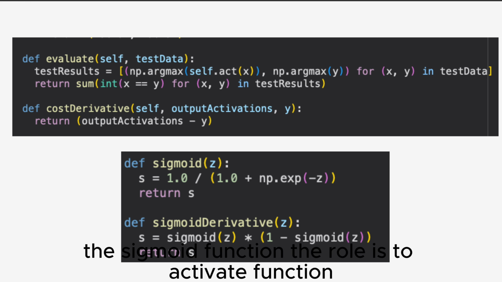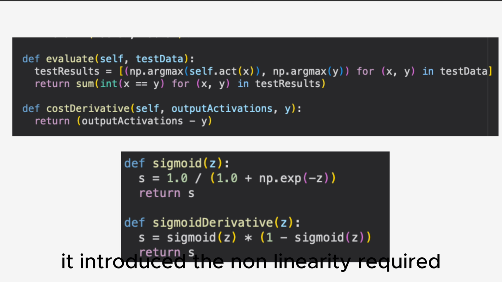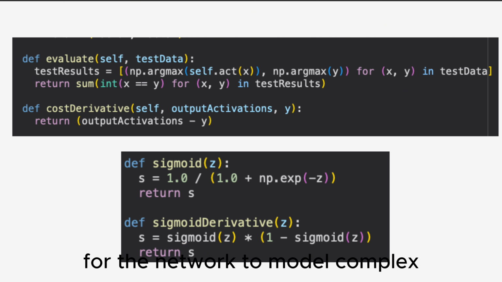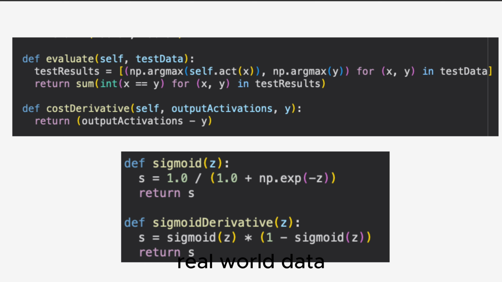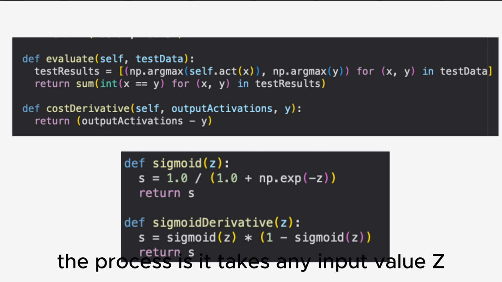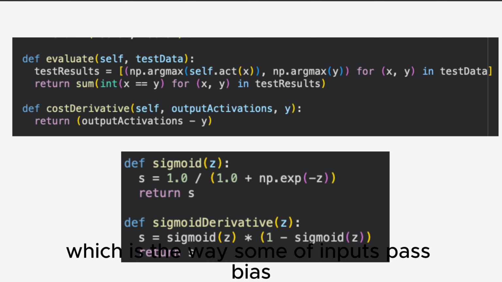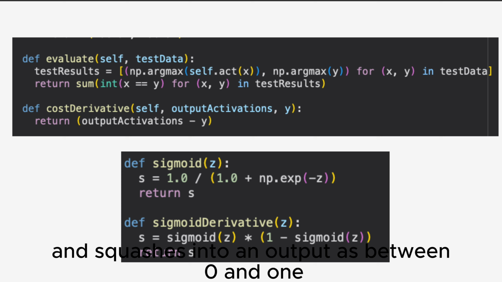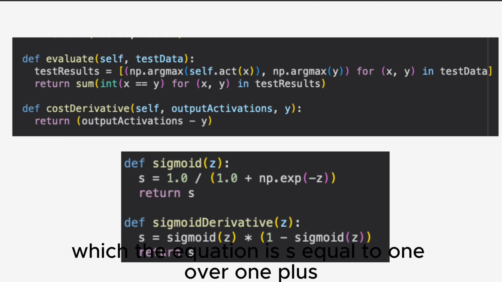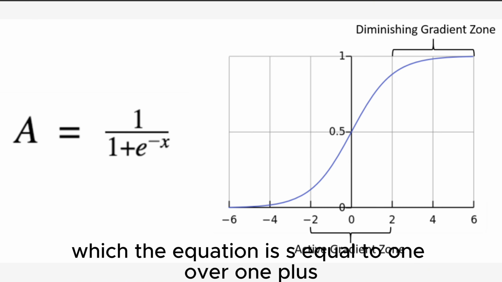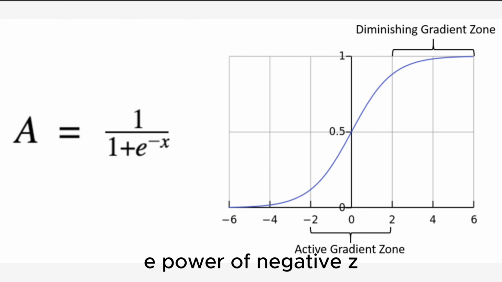The sigmoid function. The role is the activation function. It introduces the non-linearity required for the network to model complex real-world data. The process is it takes any input value z, which is the weighted sum of inputs plus bias, and squashes it into an output s between 0 and 1, where the equation is s equals 1 over 1 plus e to the power of negative z.